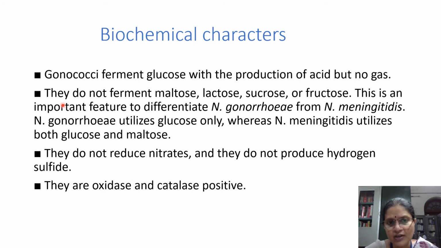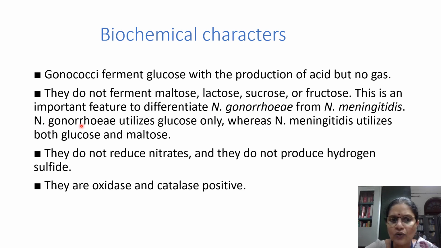And this particular character we are going to use mainly to differentiate the gonococci from the meningococci. As I said, these are the 2 very important species among the Neisseria genus. One is Neisseria gonorrhoeae and the other one is Neisseria meningitidis. If you take the morphological character, they almost look the same. So how to differentiate them? You can use this particular sugar fermentation test.